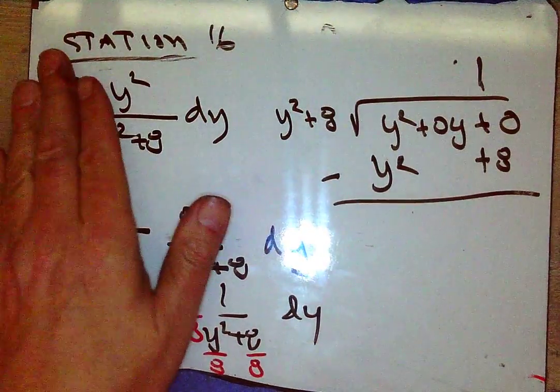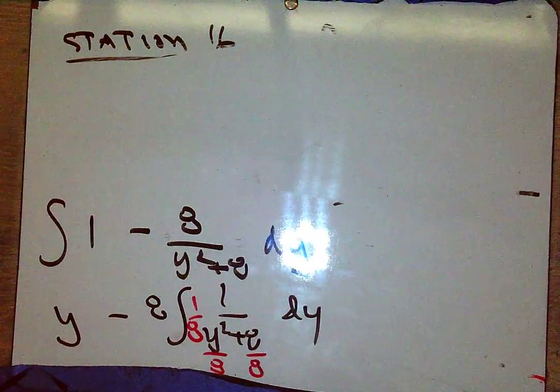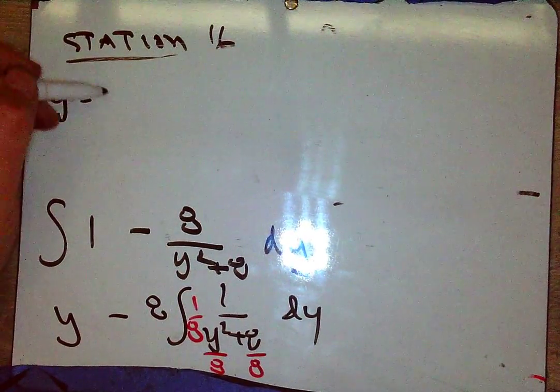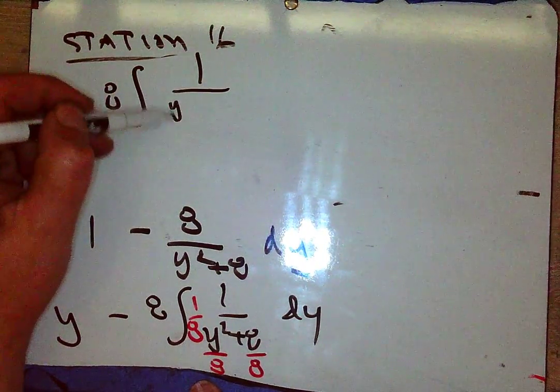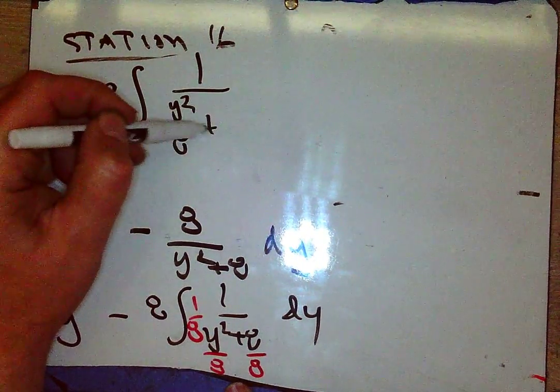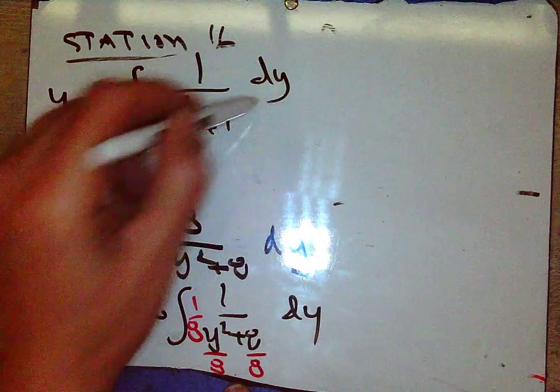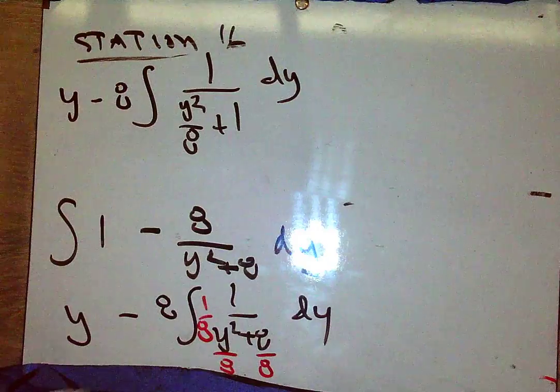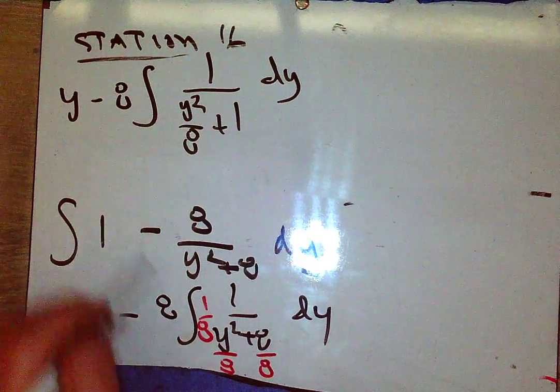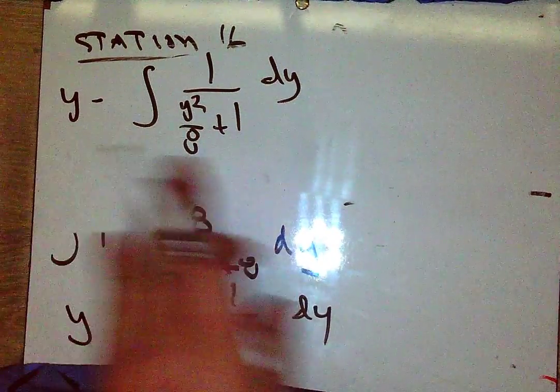Okay, that's looking good. So then we've got y minus 8 integral 1 over y squared over 8 plus 1. No, those cancel. There we go.